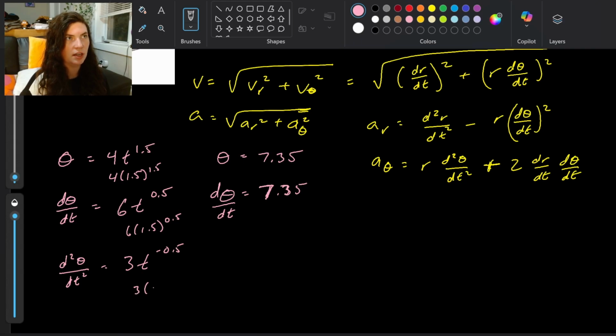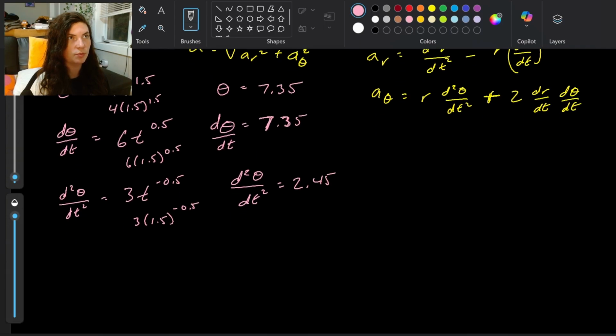If I plug in my 1.5 seconds there, I'm going to get my second derivative of the theta function as about 2.45.